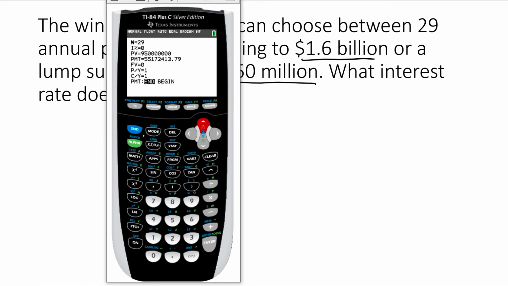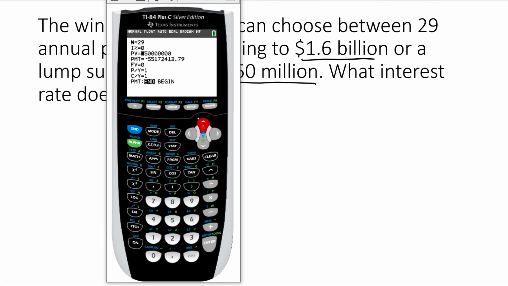To do that, we'll go up to interest rate. Did I have my negatives right here? We've got to think about that. The present value is $950 million, and the payment should actually be negative because that is the amount that they would pay out. We're pretending that we are the lottery here. So if they have $950 million, they're going to pay out that, so let's put in a negative sign there.